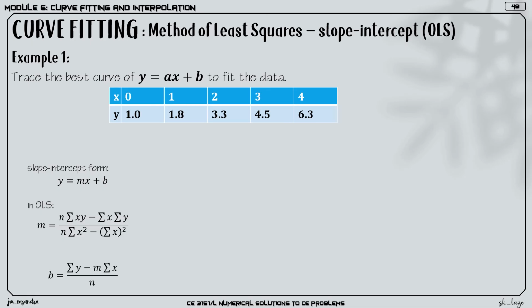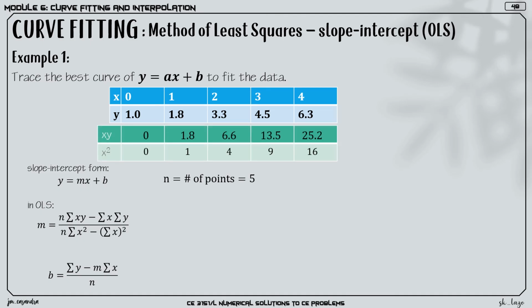And b, or the y-intercept, is equal to the sum of y minus m times the sum of x over n. So from the given data, we have a total of 5 data points. We will need now the values of x, y, and x squared in order to get the sums of x, y, xy, and x squared, which are 10, 16.9, 47.1, and 30 respectively.